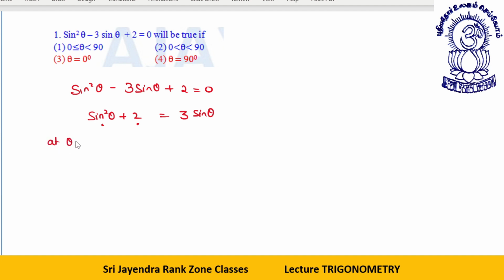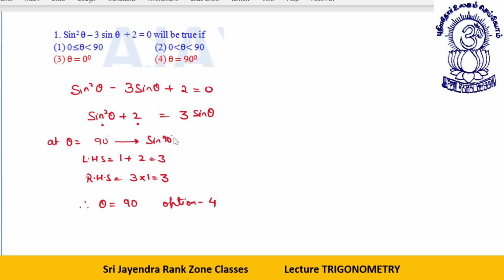At theta is equal to 90 degree, LHS is equal to 1 plus 2 is equal to 3. RHS is directly 3 into 1 is equal to 3. Therefore, theta is equal to 90 degree. That is option number 4. Okay, clear to all?